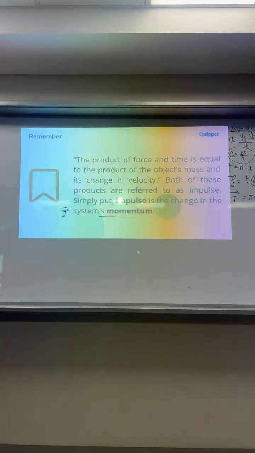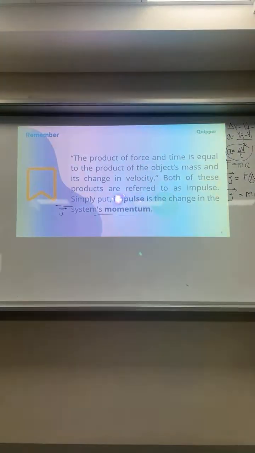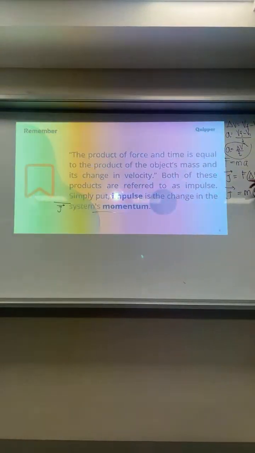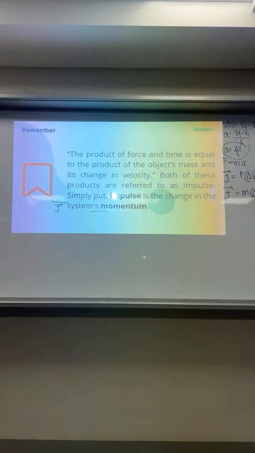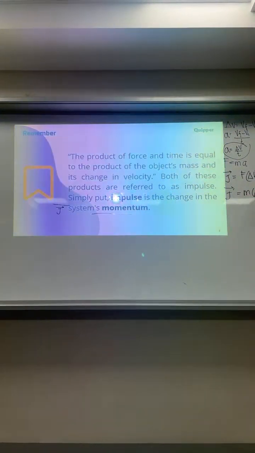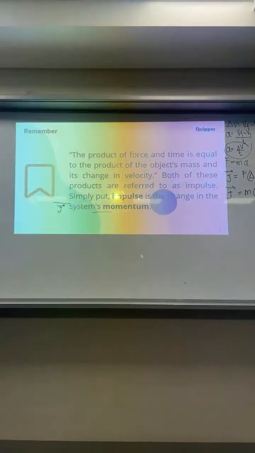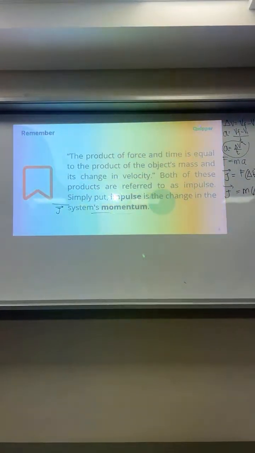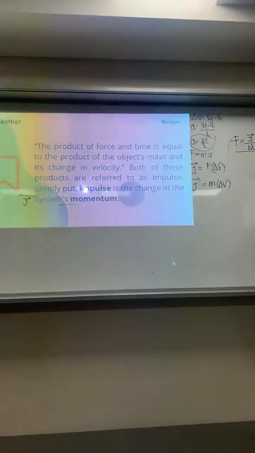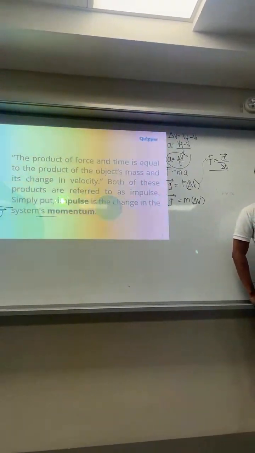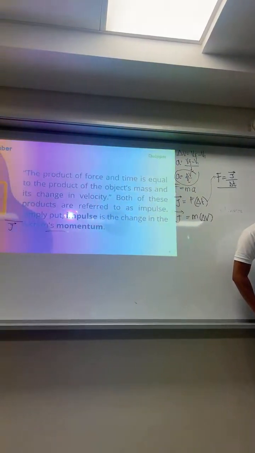So the product of force and time is equal to the object's mass and change in velocity. Both of these products are referred to as impulse, and since impulse is the change in the system's momentum by definition.